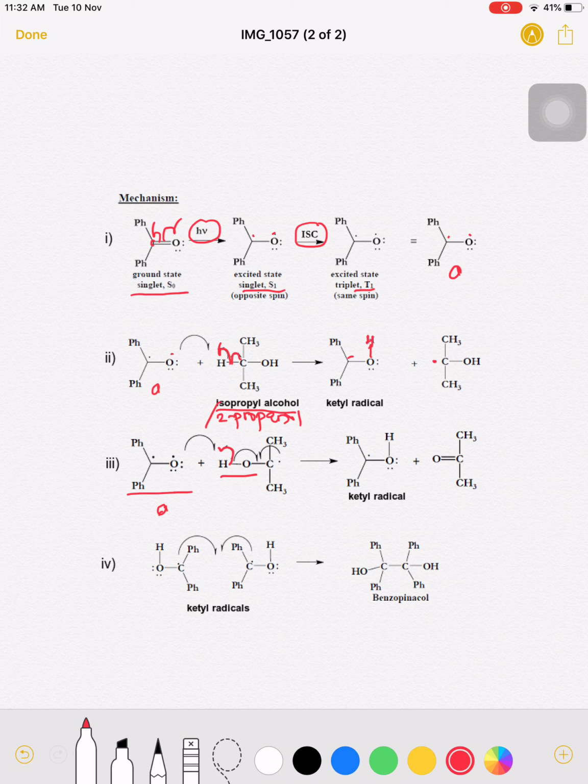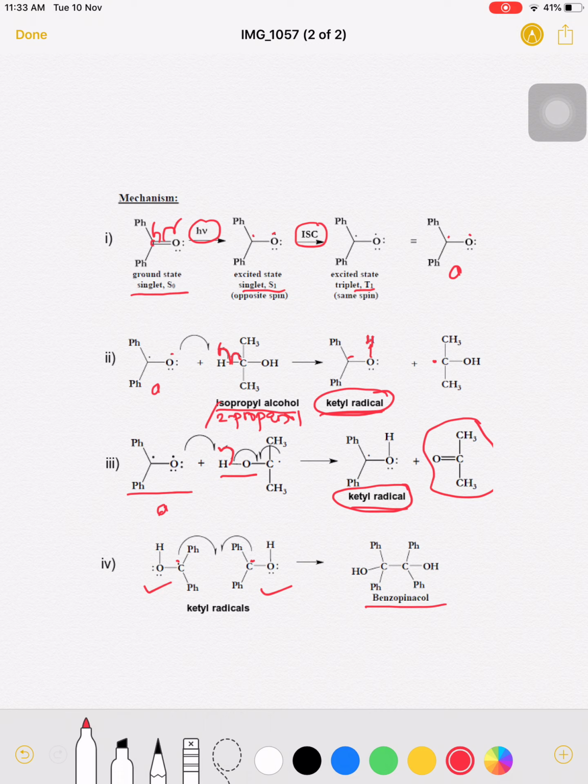Similar to the initial molecule, a second ketyl radical is formed, and this isopropyl alcohol radical is now converted into the acetone molecule. In the last step, the two ketyl radicals, 1 and 2, combine with each other through these radicals. Then there is a formation of benzpinacol.